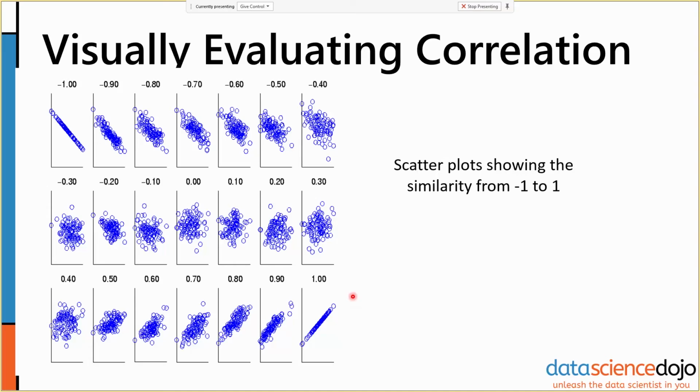Whereas with a correlation of 1, the objects are going up together or coming down together. As we get to correlations closer to 0, we can see that this data clearly has very little relationship. Whereas as we get closer to 1 and -1, we see a sharper and sharper linear relationship between the two.